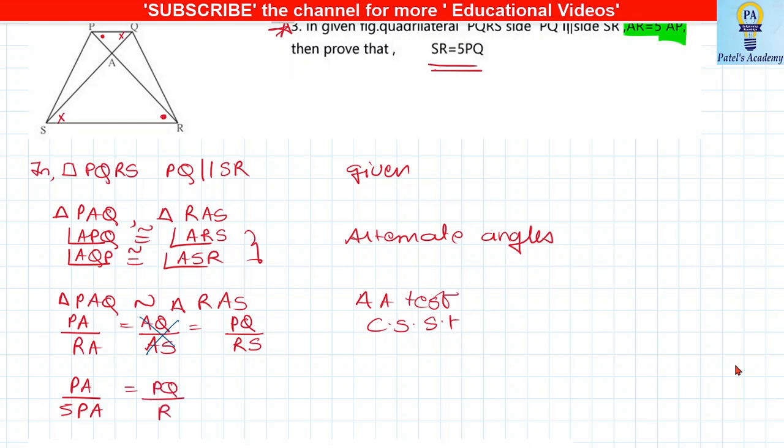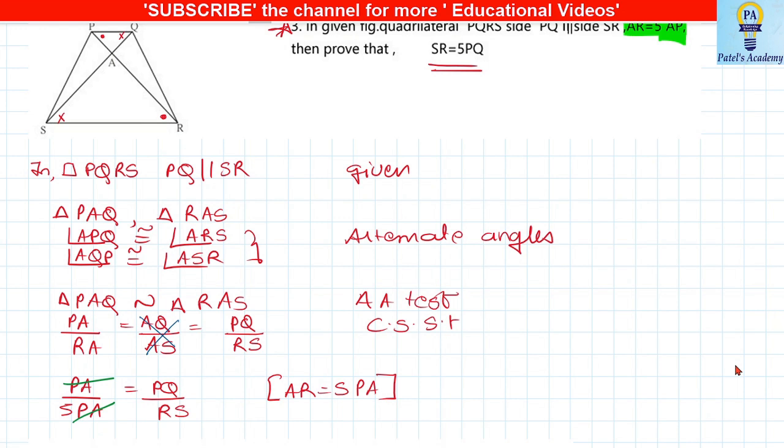PQ upon RS. Okay, what is the reason for this? That they have given that AR is 5 times PA or AP. Okay, now see this step. Now what will happen is, AP will cancel.